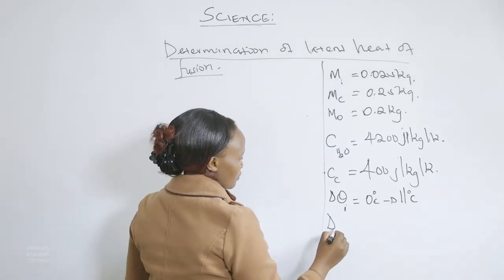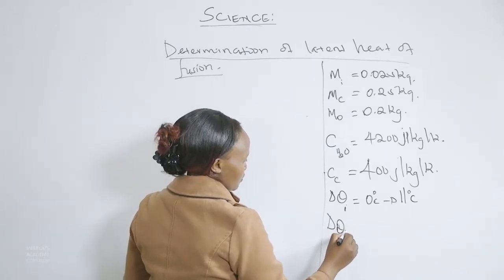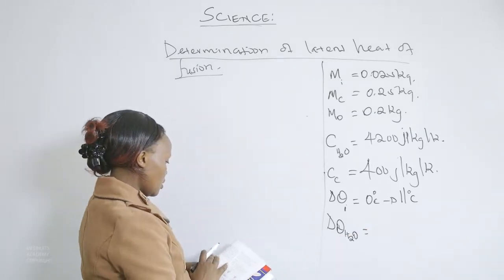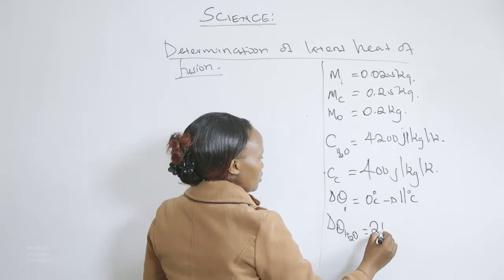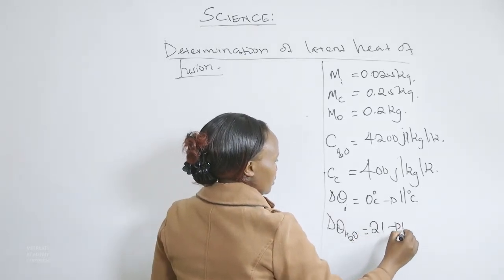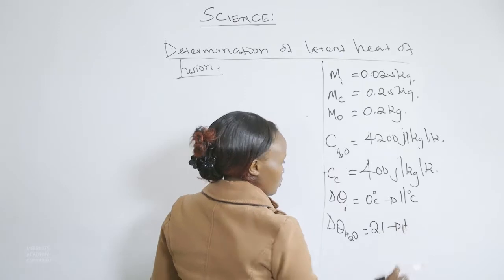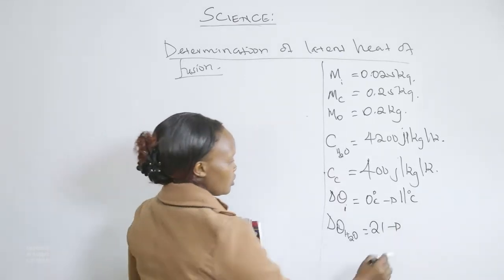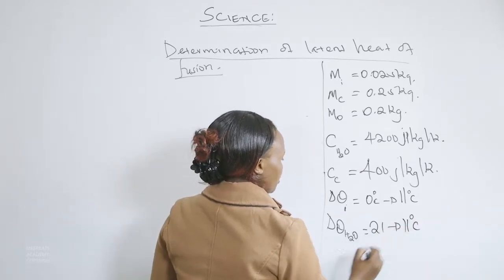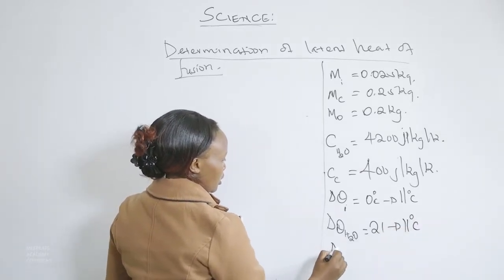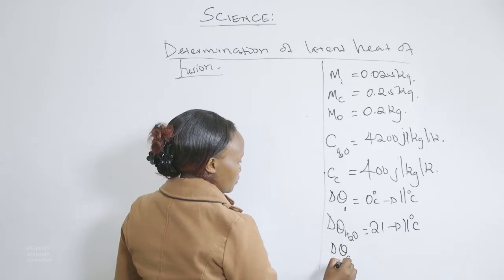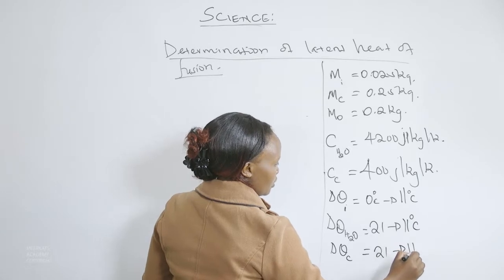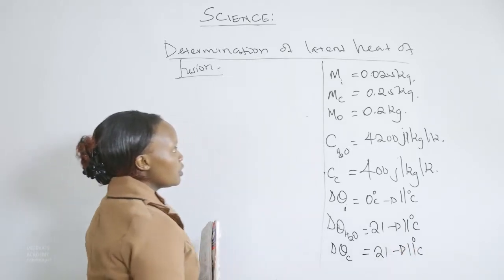That of water is from 21 to 11 degrees Celsius, and that of the calorimeter is also from 21 to 11 degrees Celsius.